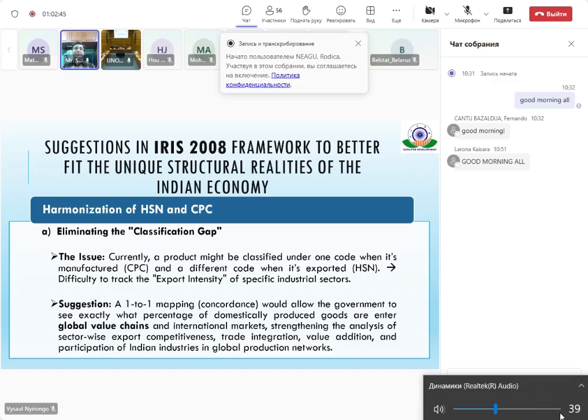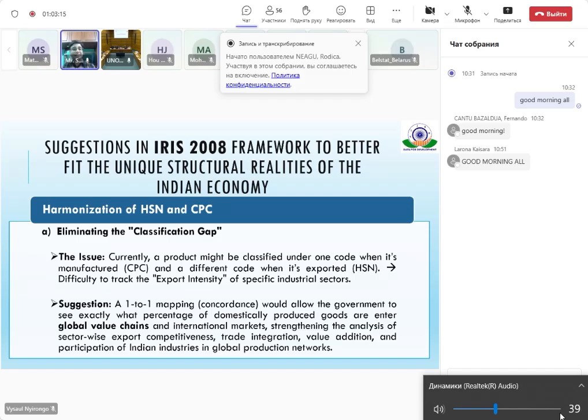In IRIS or SNA, they may emphasize the CPC, because all manufactured items may not be traded items, but traded goods classification is most important in the Indian economy. So there is definitely a classification gap. Now, the issue is that a product may be classified under one code when it is manufactured and a different code when it is exported.